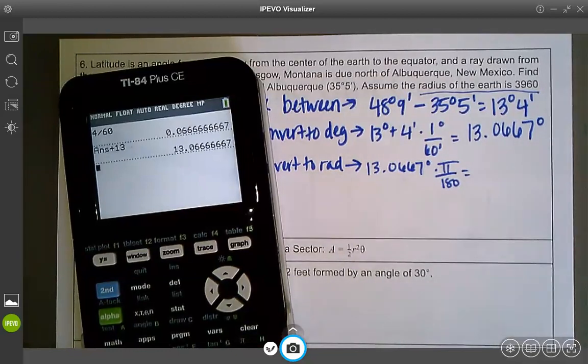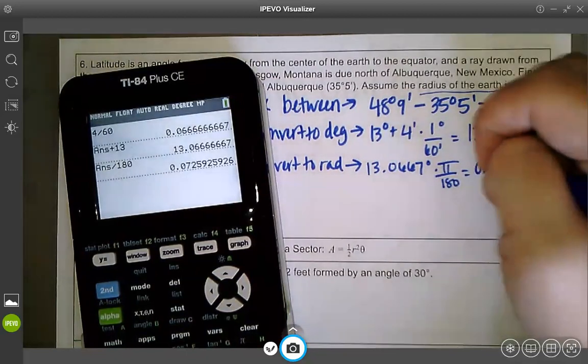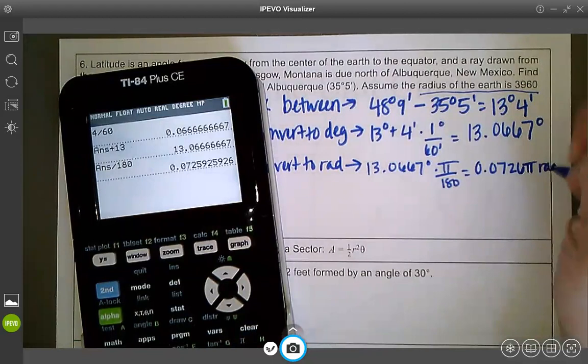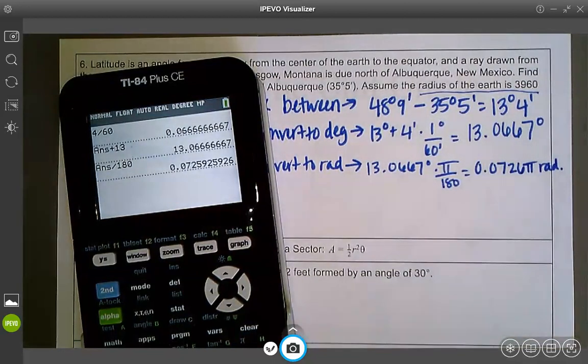Now I'm going to take that and multiply it by pi over 180, and divide it by 180. So I have 0.0726 pi radians. And you can multiply it by pi and get another estimate, or you can just not multiply by pi and plug it in at the end.